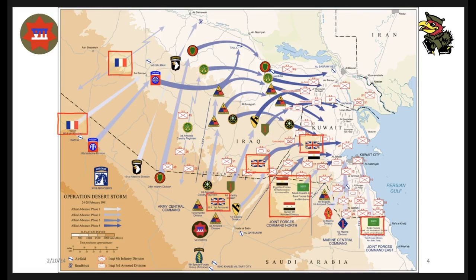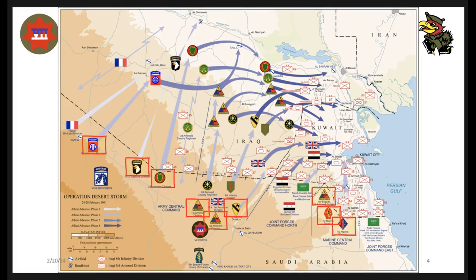The coalition's multinational effort is evident through the presence of units from various countries, including the United Kingdom, France, Egypt, and Syria, alongside the prominent display of U.S. divisions such as the 1st Armored, the 1st Cavalry, and the 24th Infantry.